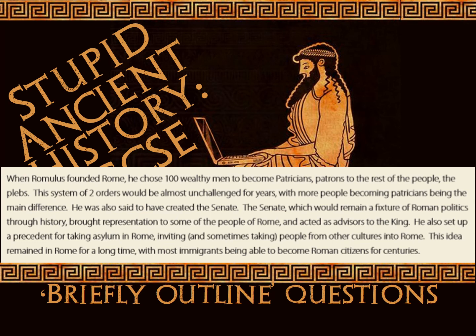And again, there's your sample answer. It goes straight away with, when Romulus founded Rome, he chose 100 wealthy men. Fine, no problem. It goes a little bit more into detail about certain aspects, sometimes at the disservice of later points. This answer, according to OCR, would have got 5 out of 6 marks, but you can see it makes clear points.